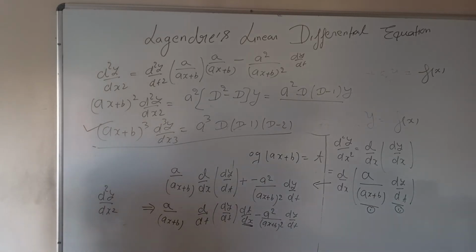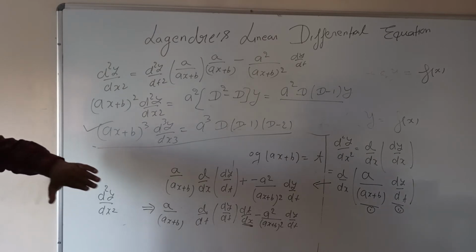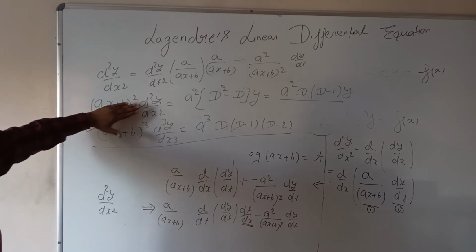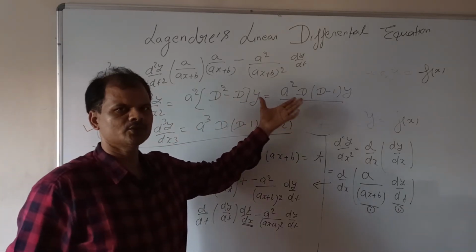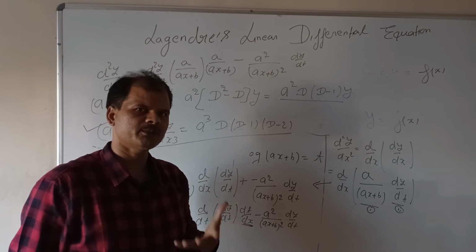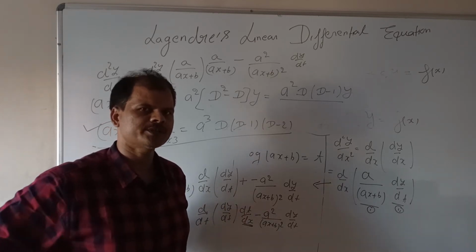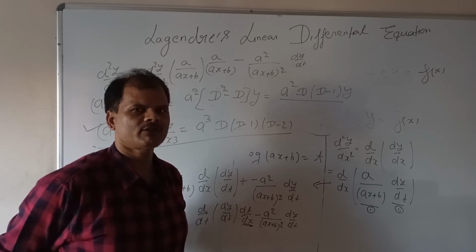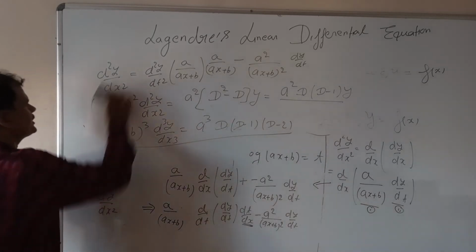So using this transformation, now we can substitute (ax plus b) dy/dx, (ax plus b) whole square second derivative, and we are getting the constant coefficients. So using this transformation, this Legendre differential equation will convert into a differential equation with constant coefficients, and once you get the constant coefficients, then you can find out the complementary function and particular integral.